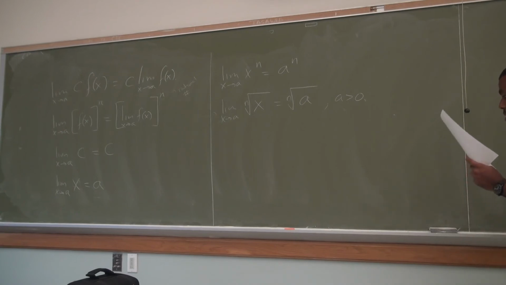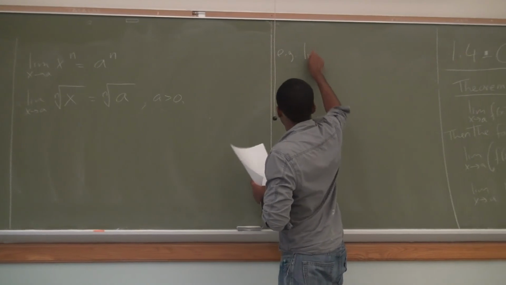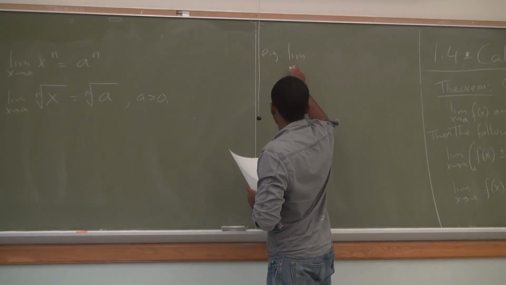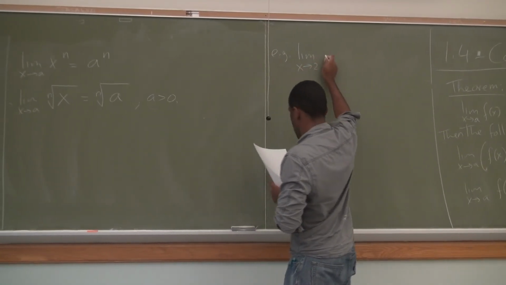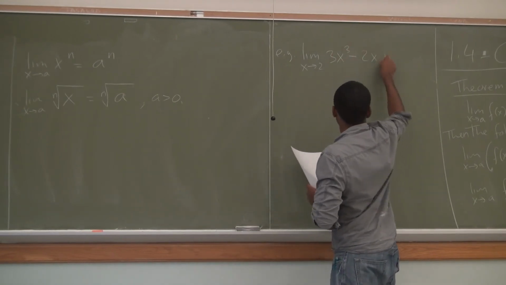So let's actually do some more. For example, I want the limit as x approaches 2 of 3x cubed minus 2x plus 1.